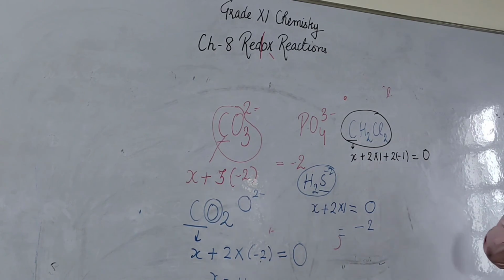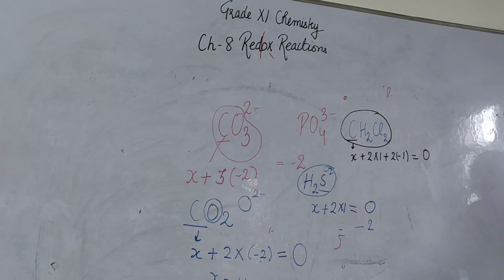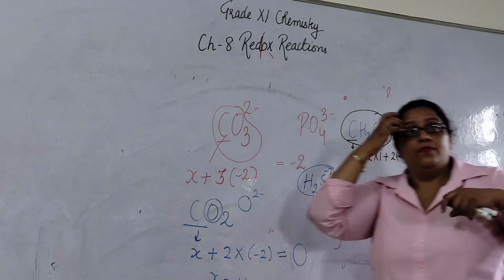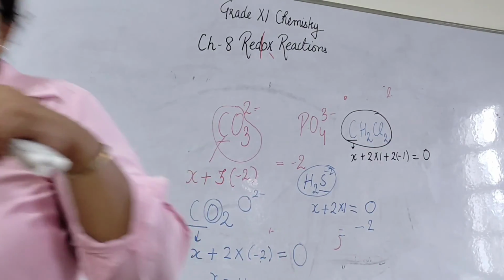So X comes out to be 0. Okay? I hope this is clear to you all. Fine. In the next class, we will discuss more questions based on this. Okay? See you there.